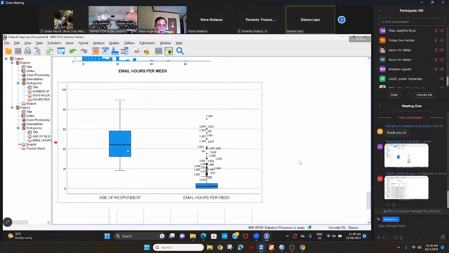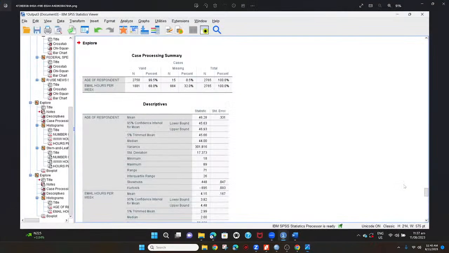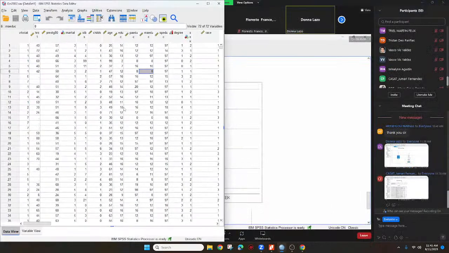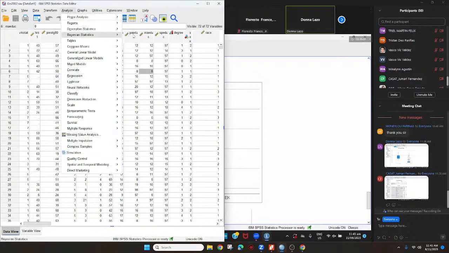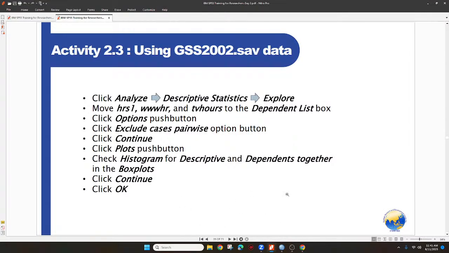For the age of the respondents, we can see here that the minimum age is about 18, and the maximum age is about 90 or so. The median is at about 46 years.